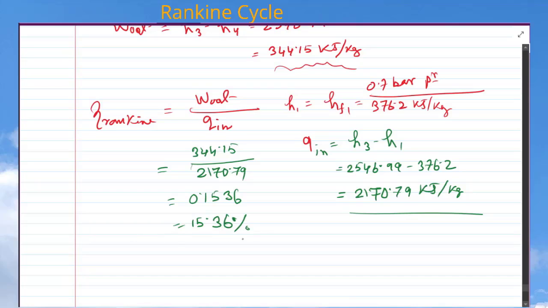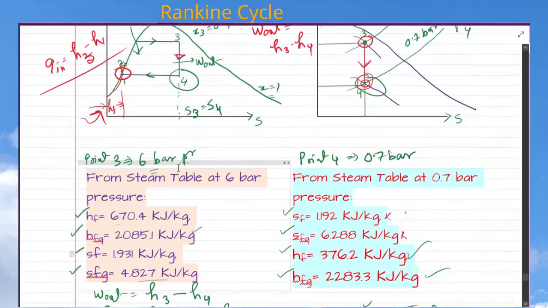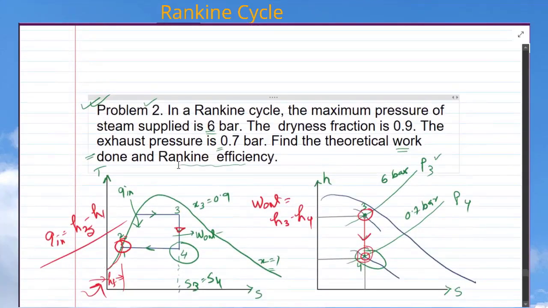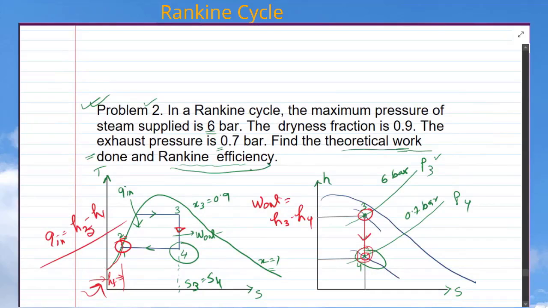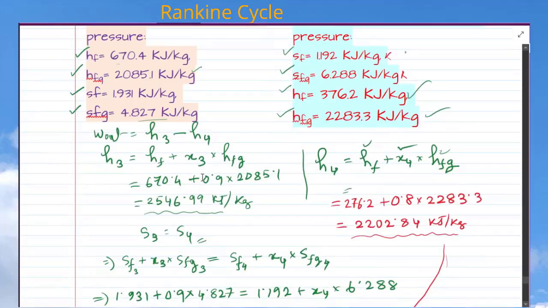That is the efficiency of the cycle, the Rankine efficiency. And work done, we have calculated this much kilojoule per second, and that was the problem, to find the theoretical work done and the Rankine efficiency. So this way you can solve the problem. There may be some mistakes in the calculation, but you can check it using your own calculator.